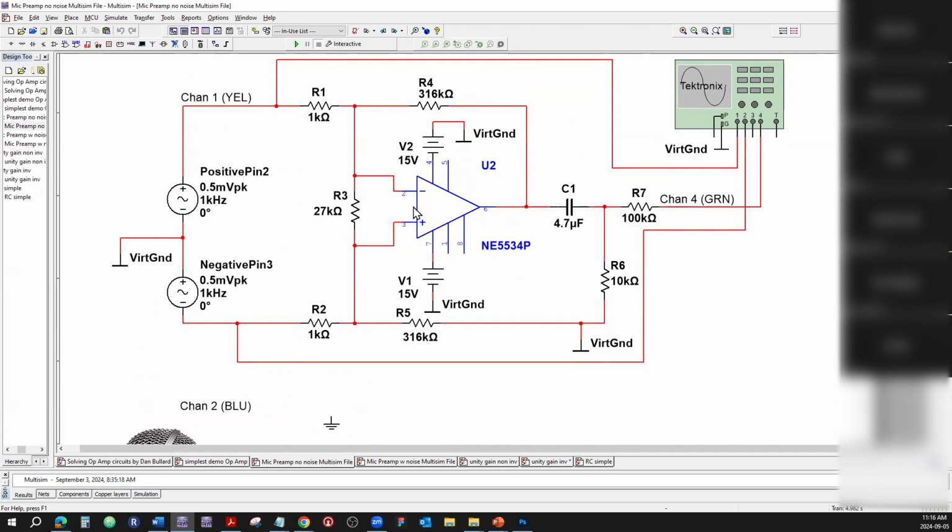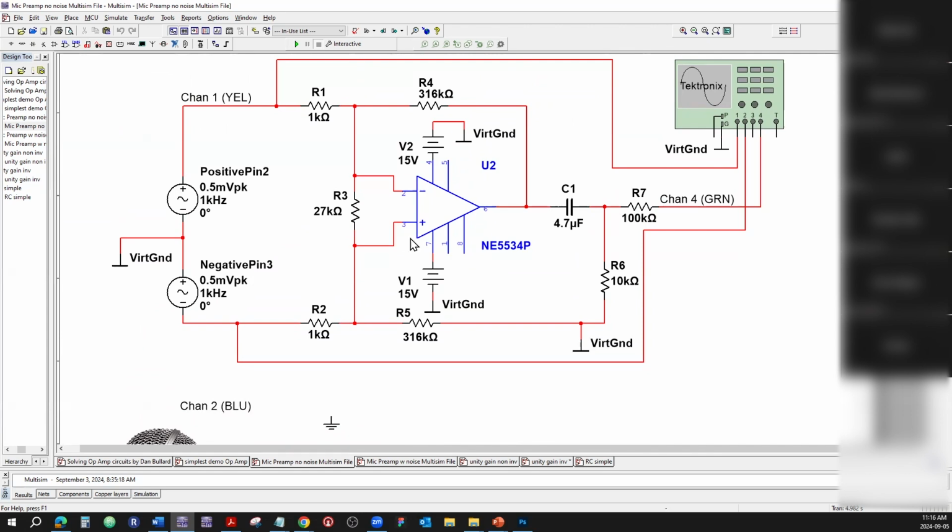If those 2 inputs are at the same potential, you will get no reaction on the output. If there is ever so slight a difference, then the op-amp is going to notice that and try to do something with it.